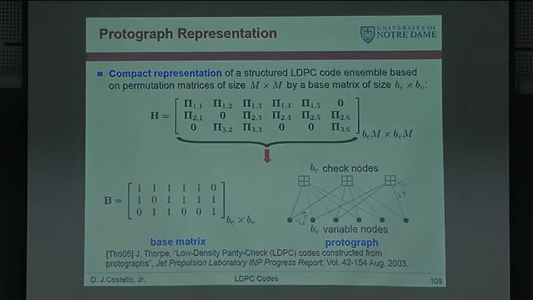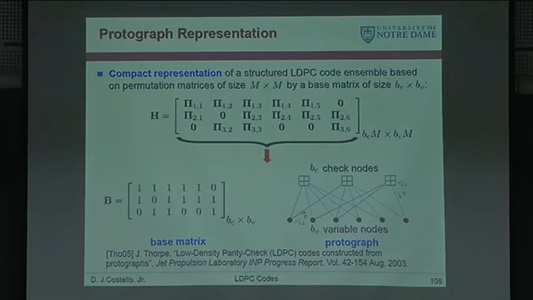It's got 6 columns and 3 rows, so it's got 6 variable nodes and 3 check nodes. So we can view this kind of structured code from the point of view of this protograph representation, using a small base matrix or a small graph.